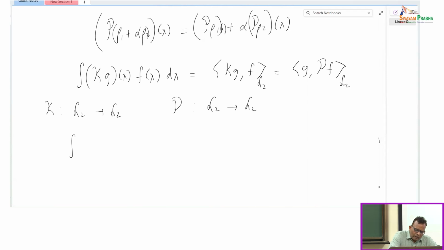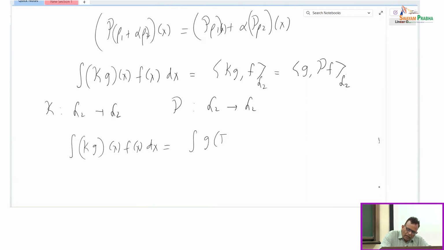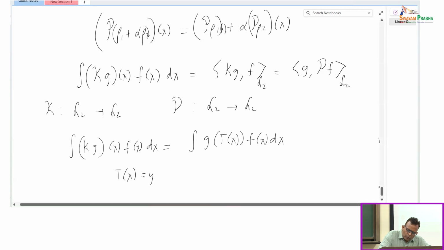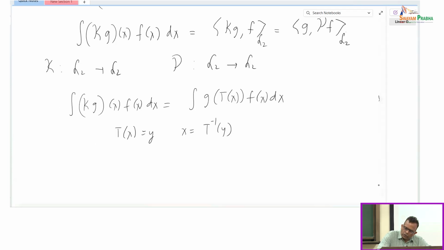By definition, the integral of Koopman g of x times f of x dx is nothing but g of T of x times f of x dx. Now you do a change of variables. Define T of x to be equal to y, assuming this is invertible. Then x equals T inverse of y. Now you substitute it there.